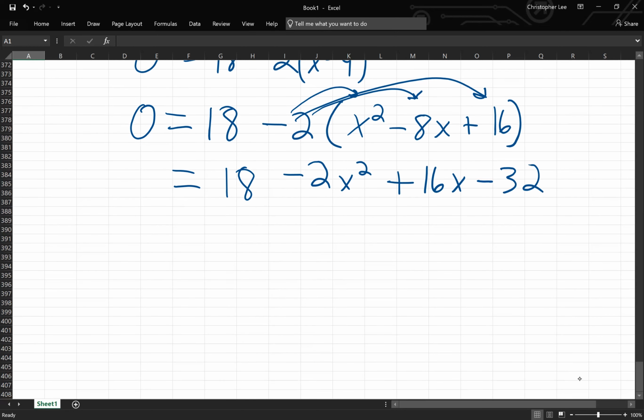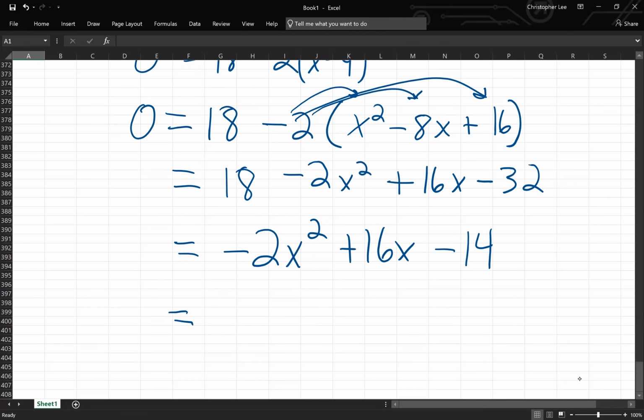Then you want to combine like terms. So that's 18 minus 32, which is minus 14, so minus 2x squared plus 16x minus 14. Now that you have that, you could do a greatest common factor. Greatest common factor over here is what? Not 4, minus 2.